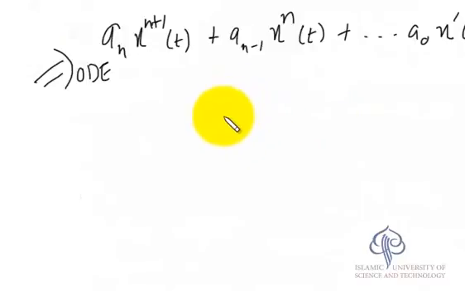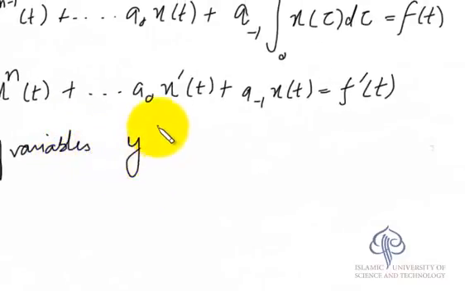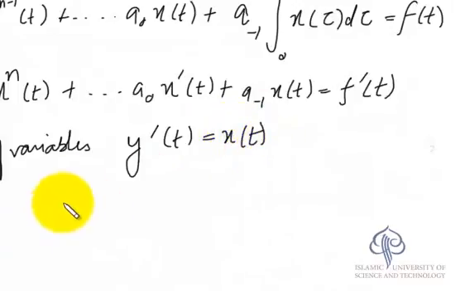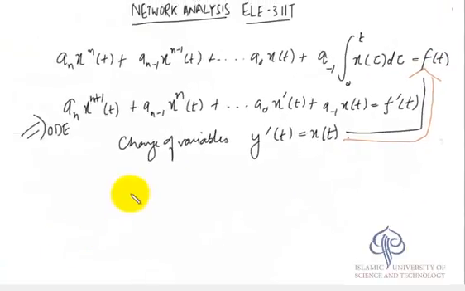The other way of solving it is to make a change of variables. Let us suppose that y dash t is equal to x(t). Then you rewrite the original equation in terms of y(t).